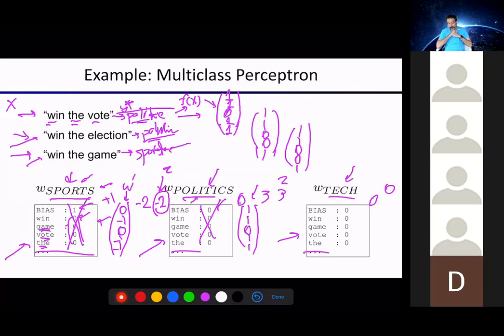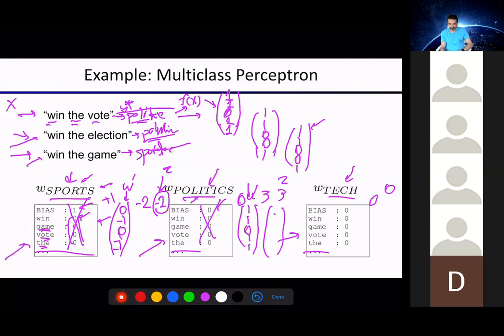The same as the first iteration, right? So we subtract from the incorrect label. The incorrect label in this case is politics. So we need to subtract this. This is the current weight vector. We need to subtract this. Sorry that I made a mess here, but I hope that you can follow.